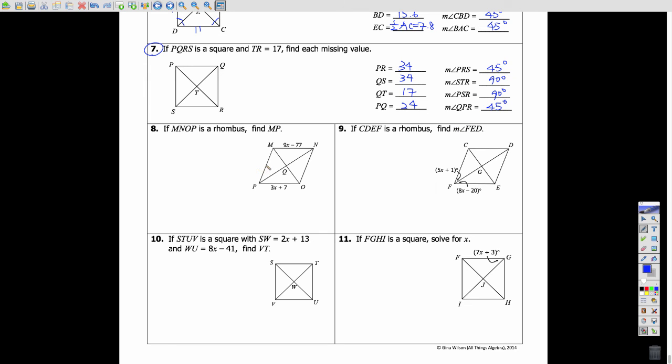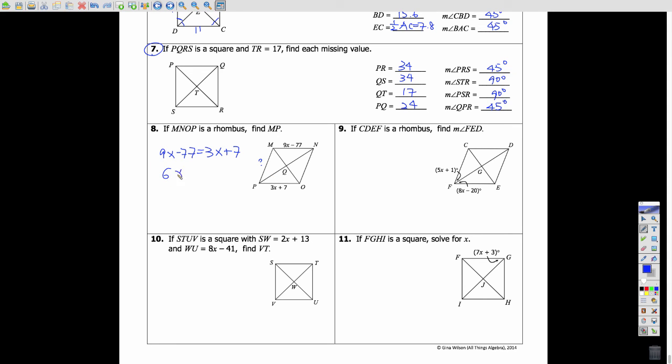Here are some algebra questions. If this is a rhombus, find MP. MP is right here, so I'm asked to find this. And recall, rhombus, all the four sides are exactly the same. So if I find the value for x, I can just find one side and I find all four sides, right? And because all four sides are exactly the same, I can set it up like this.